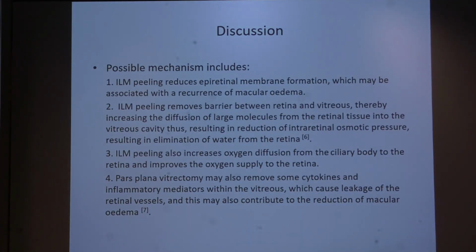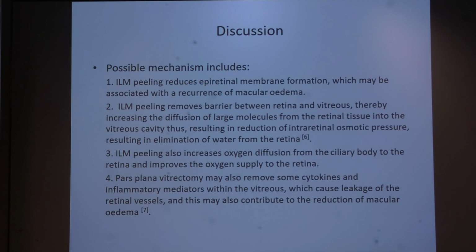So the discussion: the possible mechanism includes ILM peeling reduces the epiretinal membrane formation further, which may be associated with a recurrence in macular edema. It also removes the barrier between the retina and vitreous, thereby increasing the diffusion of large molecules from the retinal tissue into the vitreous cavity, thus resulting in a reduction in intraretinal osmotic pressure and elimination of water from the retina.